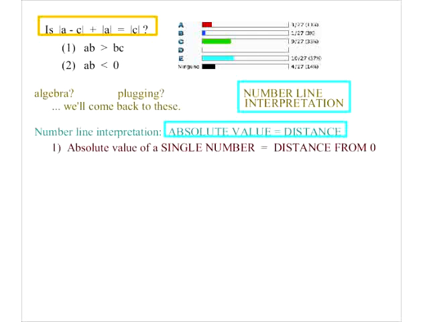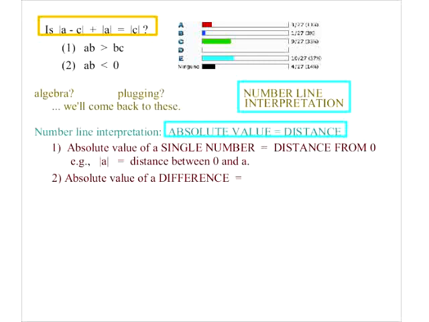For instance, the absolute value of A is the distance between 0 and A. On the other hand, what's the absolute value of a difference? It's not the difference of the two absolute values. It's not really the distance from a center either. It's just the distance between the two values.